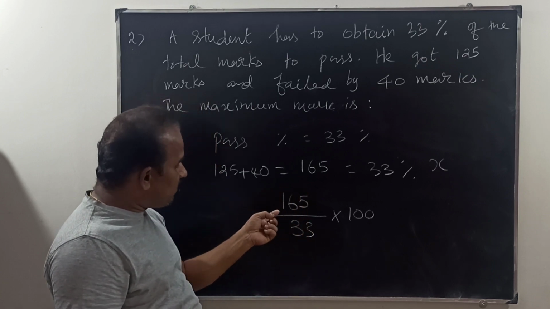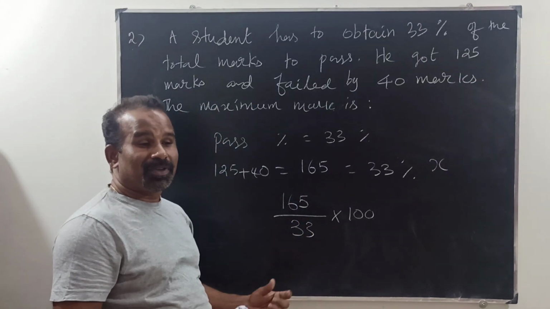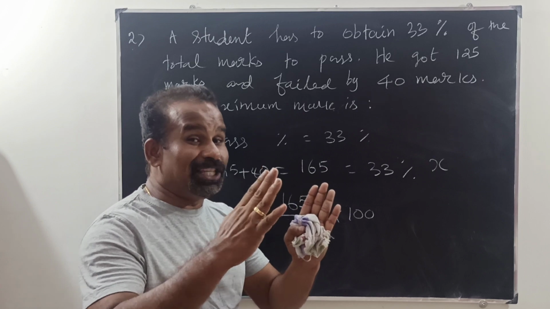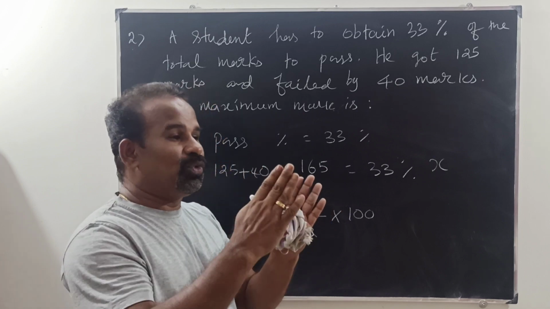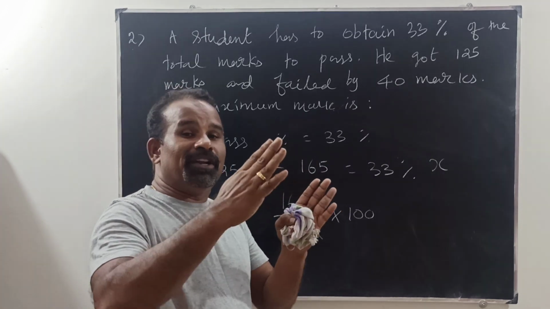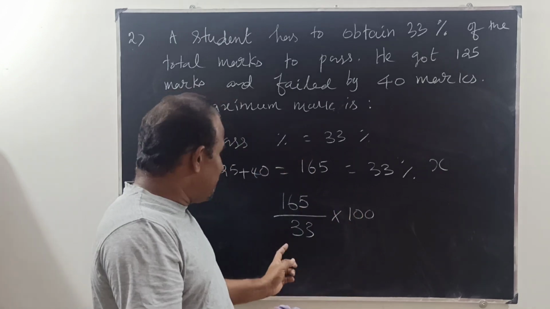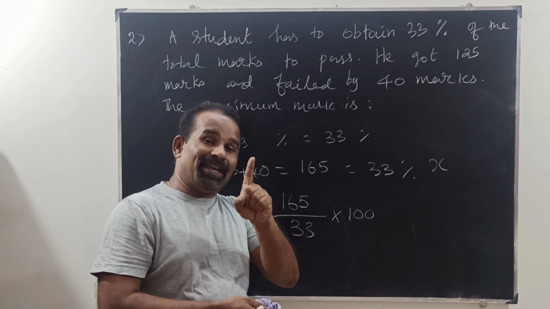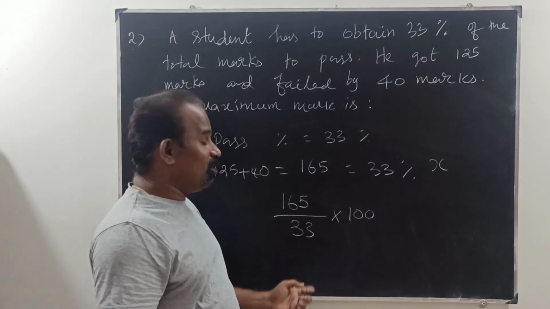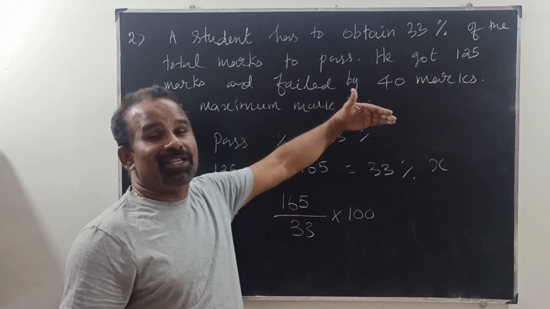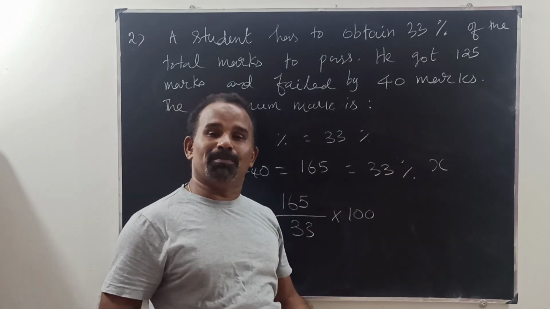Because 165 is 33%, 165 can be divided into 33 parts. Dividing by 33 gives 1 part, that is 1%, and multiplying by 100 gives the 100%, which is our required maximum mark.